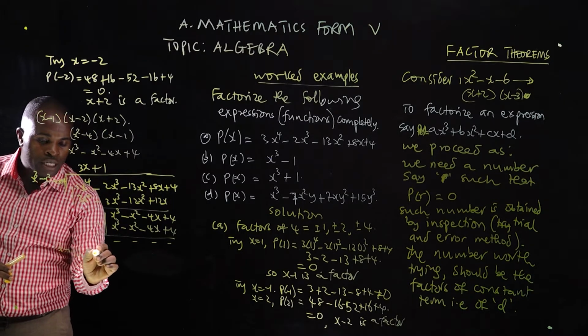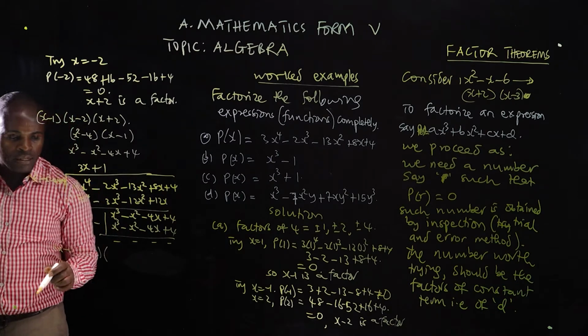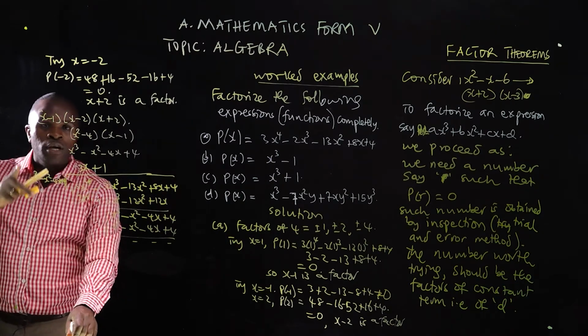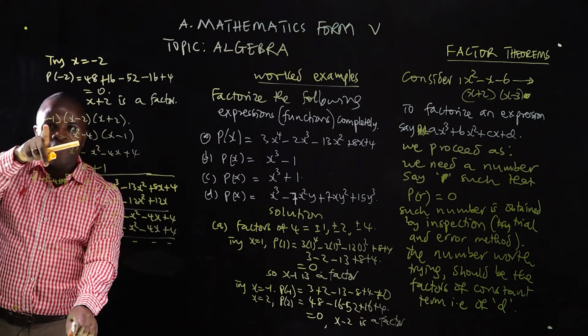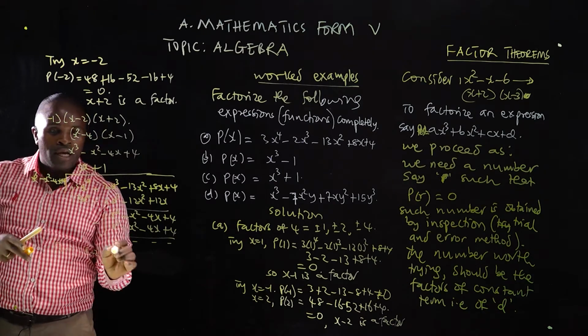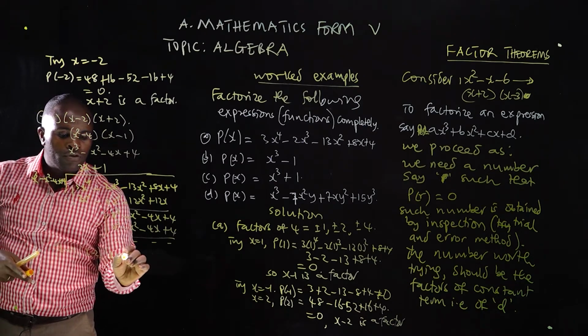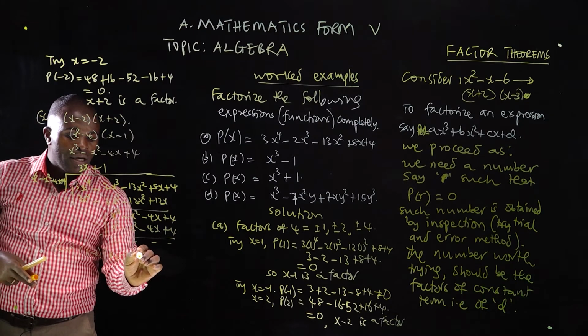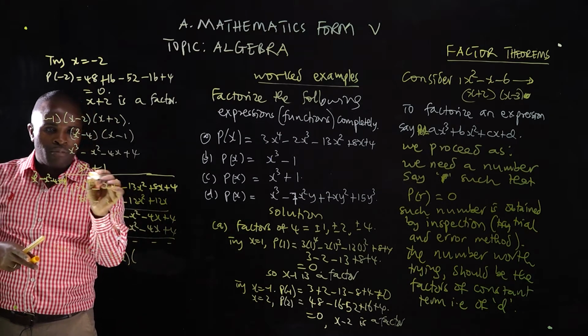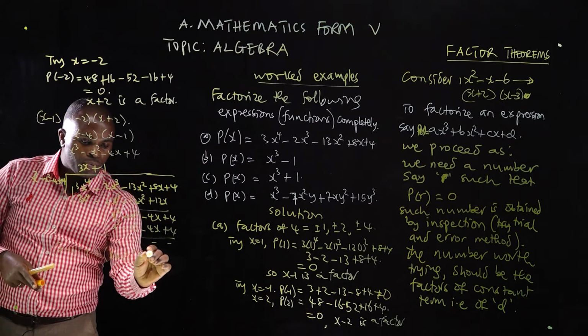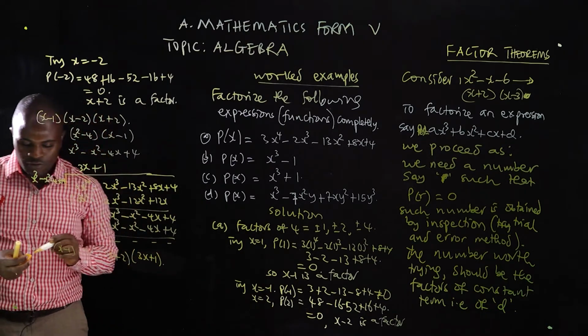Again, we have x minus 2. Another part here then. You are just taking this and the product here. It means x plus 2 and x. Now this must be the first factor, 3x plus 1, hence factorized.